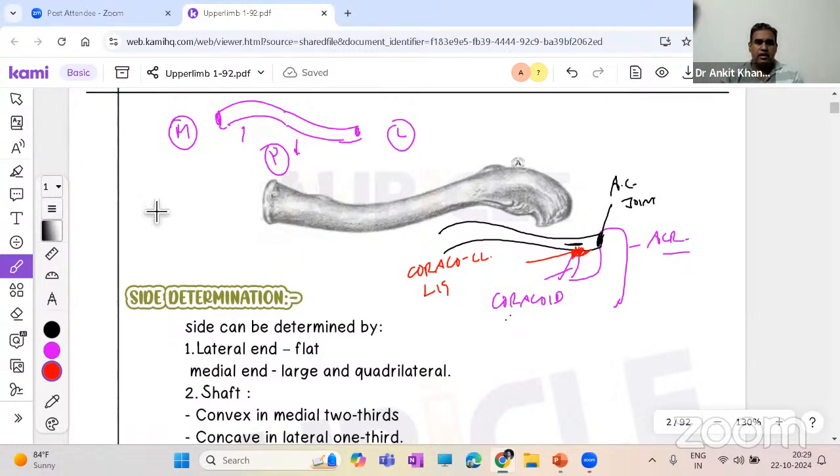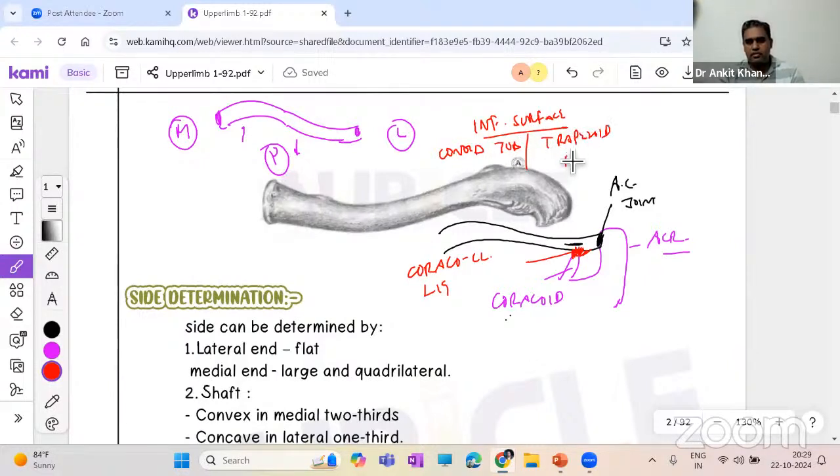Those names I will tell you, don't worry. But due to the coracoclavicular ligament, the inferior surface of the clavicle, which surface? Because the coracoid is below, na? The clavicle is coming above the coracoid process. So the inferior surface of the clavicle has the conoid tubercle and trapezoid ridge.